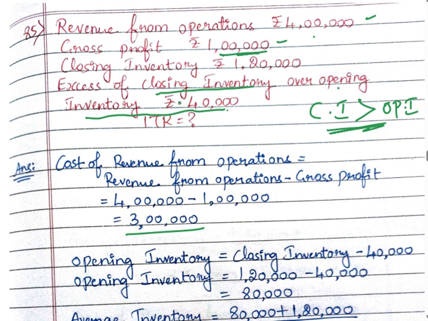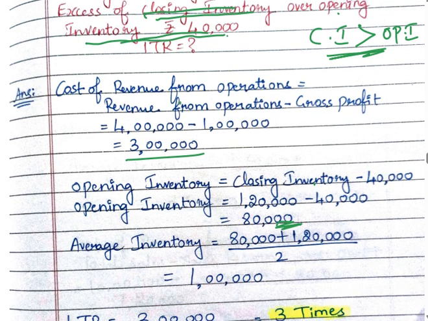Next, you make an equation. For this line, we can make an equation. Opening inventory is equal to closing inventory minus 40,000 because closing inventory is more than the opening inventory by 40,000. So opening inventory is equal to closing inventory, which is 1 lakh 20,000, minus 40,000, and we get opening inventory.